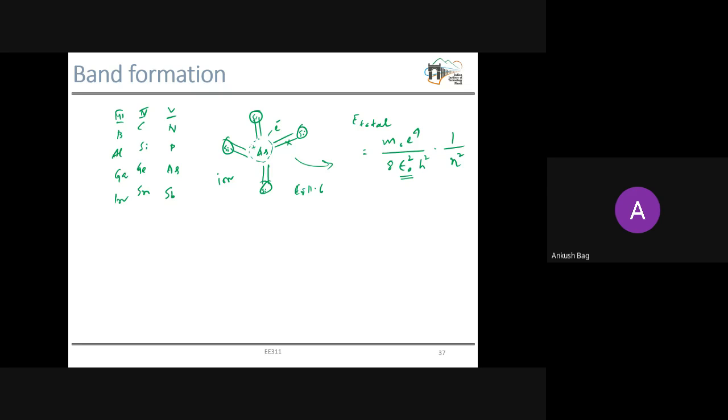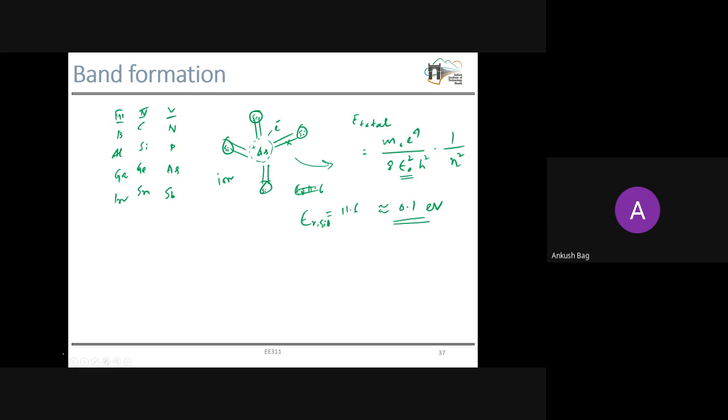Epsilon r for silicon is 11.6 something. If we put this 11.6 here, this overall value will be scaled down, because in the denominator we will have 11.6 squared, so it will be something around 0.1 electron volt.